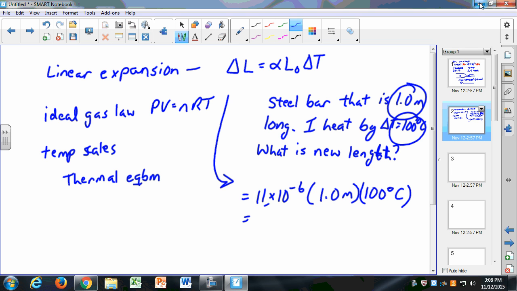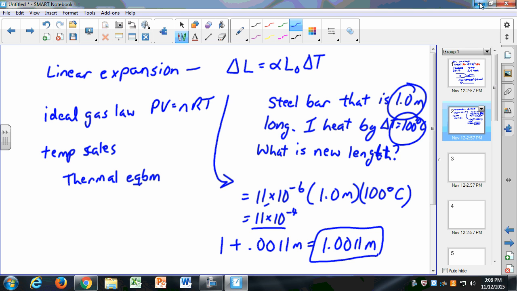So that is 11 times 10 to the minus 4, right? So my new length is going to be 1 plus 0.0011 meters, because that's 11 times 10 to the minus 4. So my new length is 1.0011 meters.